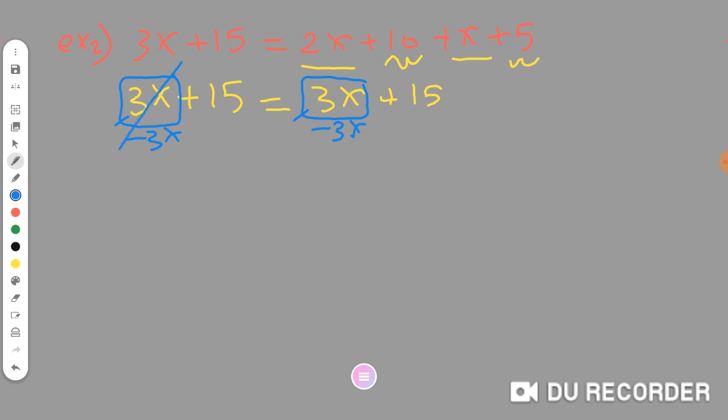It will give me 0 on each side. 0 plus 15 is 15, equals 0 plus 15 is 15. So 15 equals 15 means that I have an infinite number of solutions. This is what we described at the beginning of the lesson.